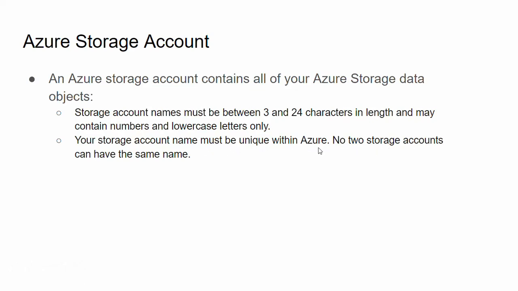No two storage accounts can have the same name across Azure, all over the globe. We will start creating a storage account in our lab, but this is one thing you need to note prior to getting into that.